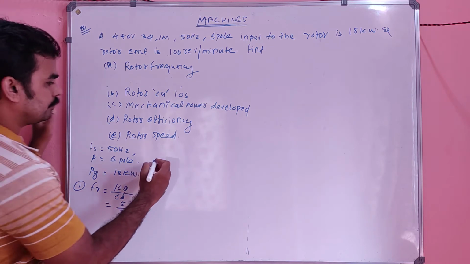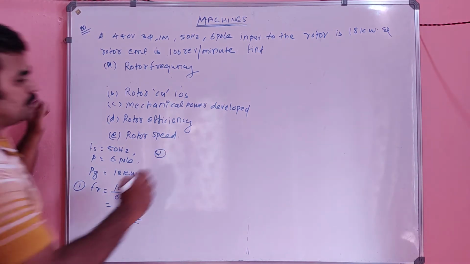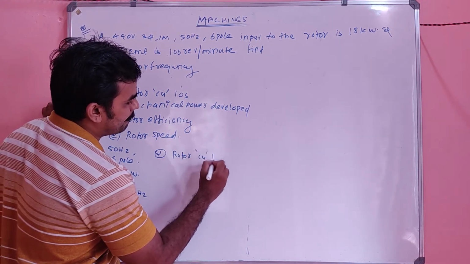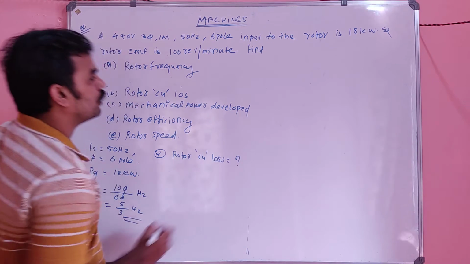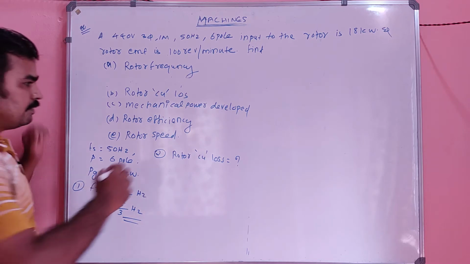Next, what is the second? Rotor copper loss. How can we find rotor copper loss? There is a relationship.